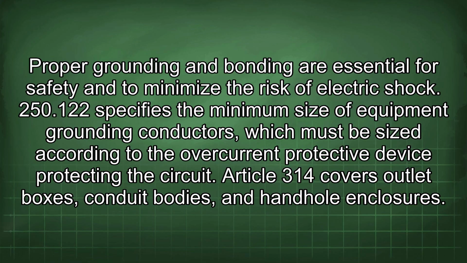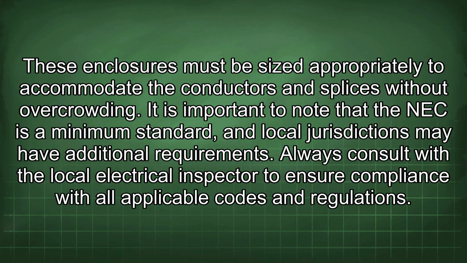Article 314 covers outlet boxes, conduit bodies, and handhole enclosures. These enclosures must be sized appropriately to accommodate the conductors and splices without overcrowding. It is important to note that the NEC is a minimum standard, and local jurisdictions may have additional requirements. Always consult with the local electrical inspector to ensure compliance with all applicable codes and regulations.